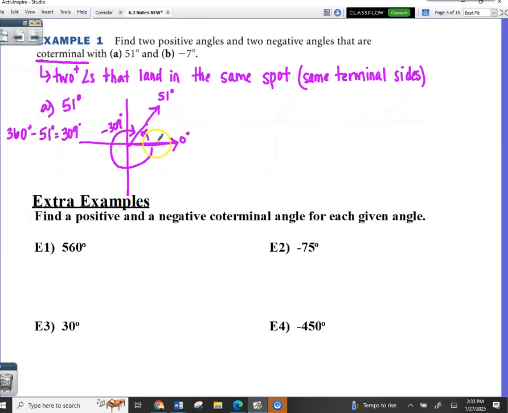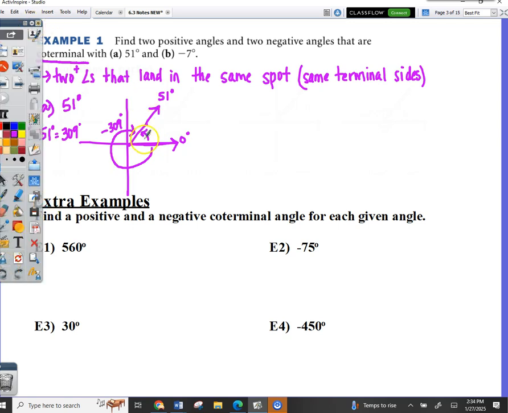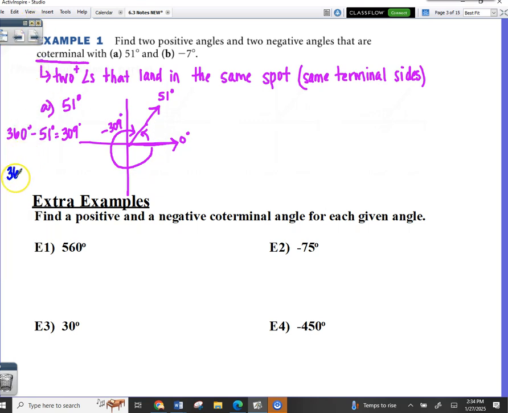So instead of rotating here and stopping, what if I rotated a full 360 and then stopped? How could I get that value? Add 51. I did a full 360 and then an additional 51. So 360 plus 51, and what's that give you? 411 degrees.